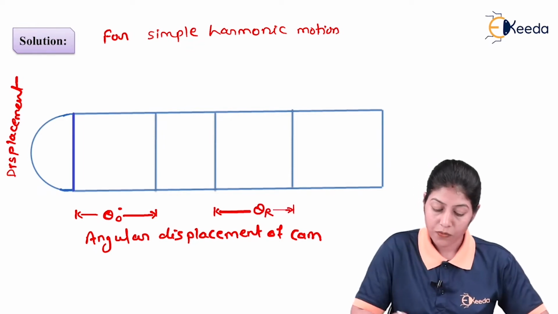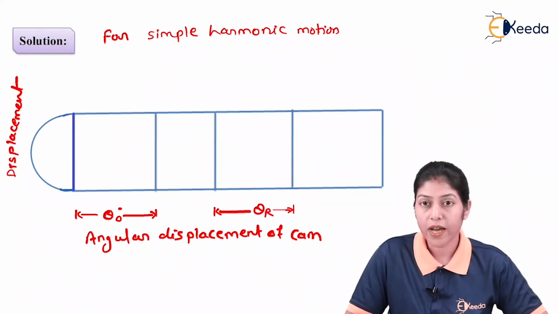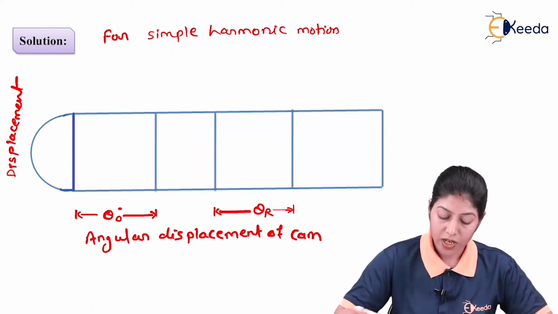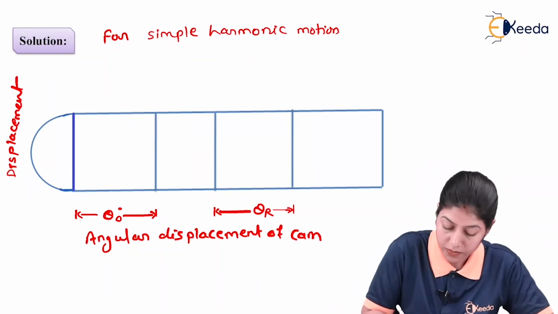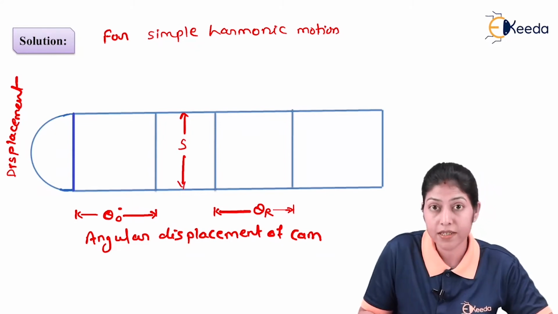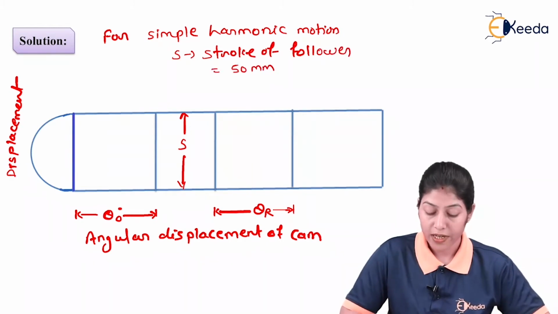Now from this condition, simple harmonic motion, if we want to define the displacement diagram, we need to mark this vertical line equal to the stroke. If we consider S as the stroke, the stroke value is given numerically, it is 50 mm.